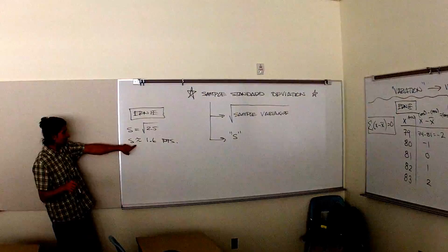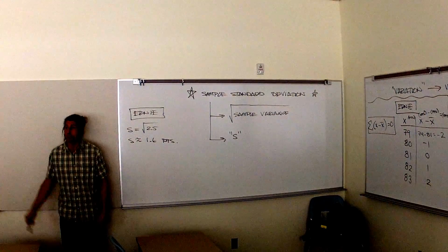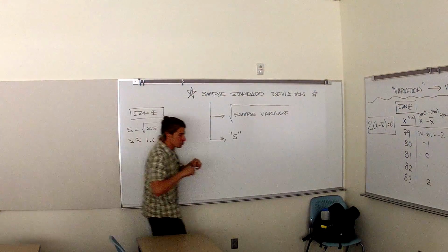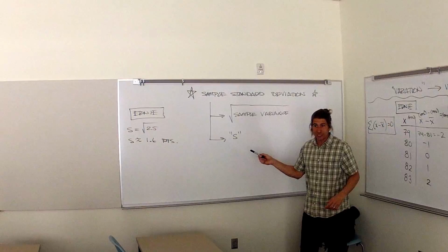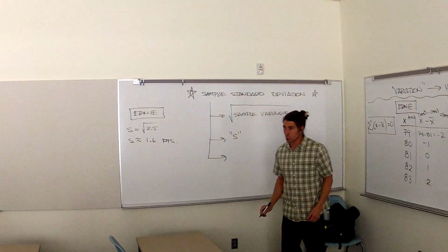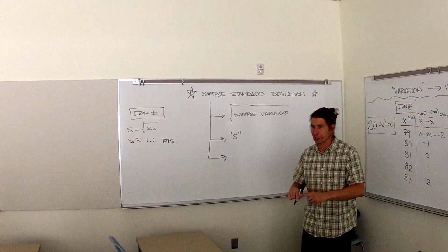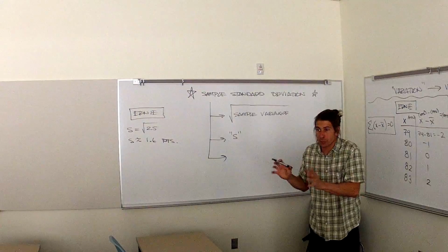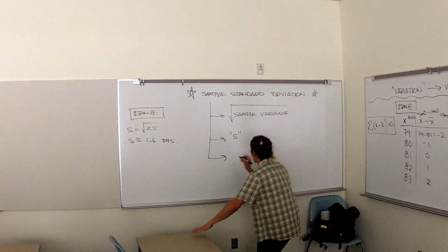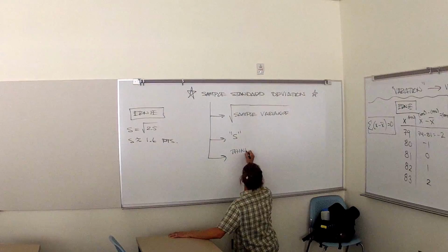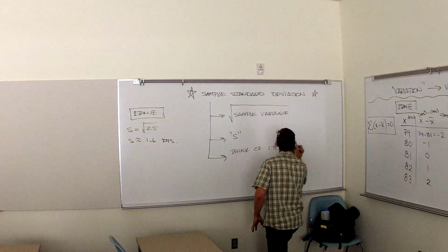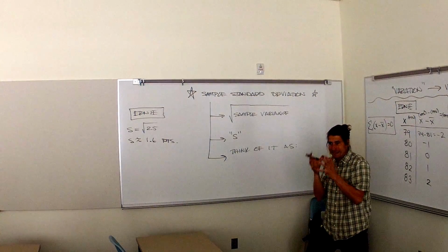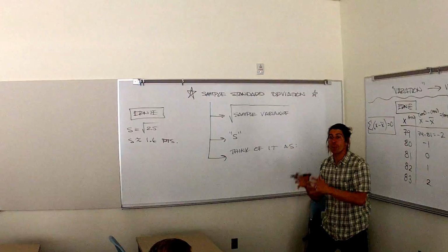Now the unit on the standard deviation matches the unit on the average that it's being compared to. And here's the big takeaway. Here's the way I want you to think about sample standard deviation. You have to use the word average twice in the definition of what this actually is. Think of it as the average distance a data point is from the average.